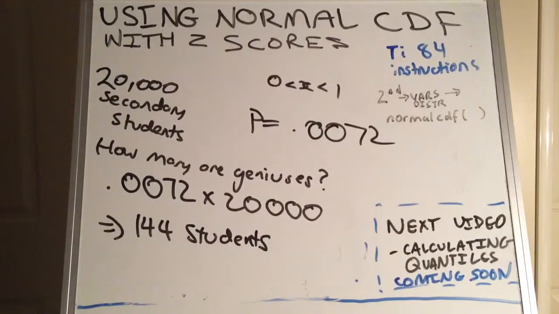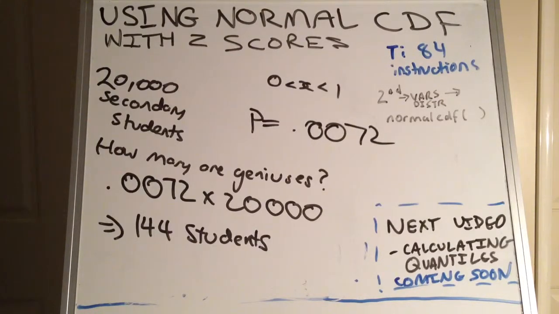And that might actually seem a decent amount, 144, but keep in mind that most secondary schools generally have between about 1,000 to 2,000 students. So we're looking at a very large population here.